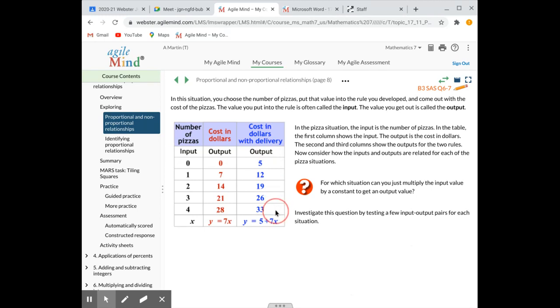33 divided by 2 is what? 2, 4, 6, 8, 10, 12, 14, 16, 18, 20, 22, 24, 26, 28. It's 16.5. So that's not on there.